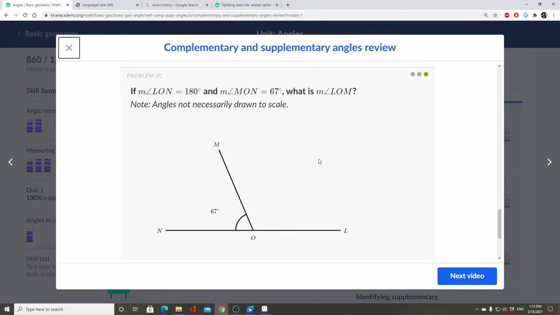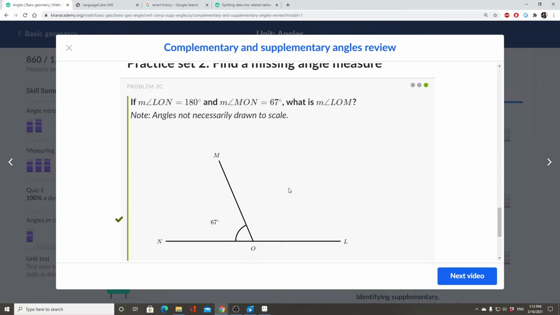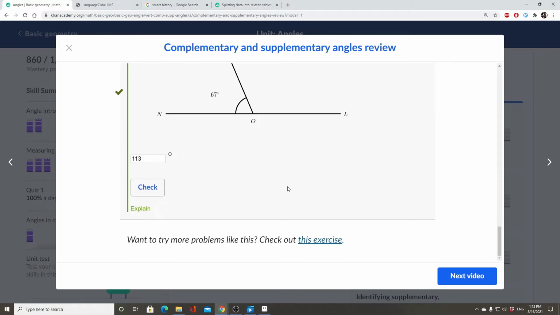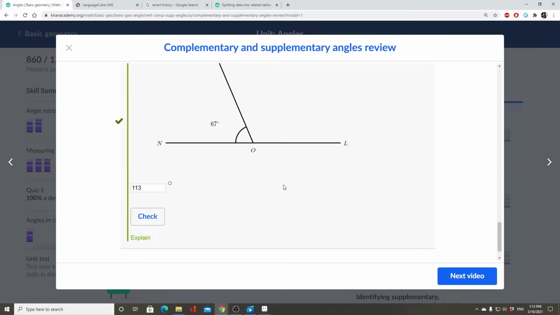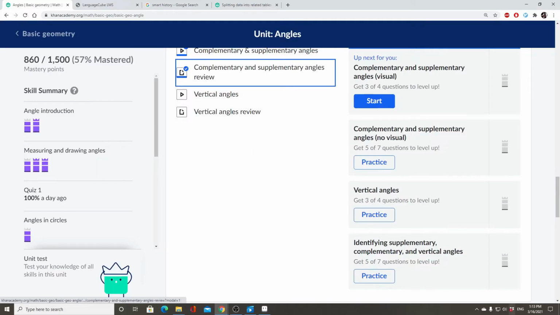Well, what's 80 minus 67? Well, 80 minus 60 is 20. Minus 7 is 13. So I guess it's 113, unless I'm an idiot. Oh, there we go. Nice. That gave me a little bit of anxiety because I wasn't 100% sure there, despite the simplicity of that calculation. But baby steps.